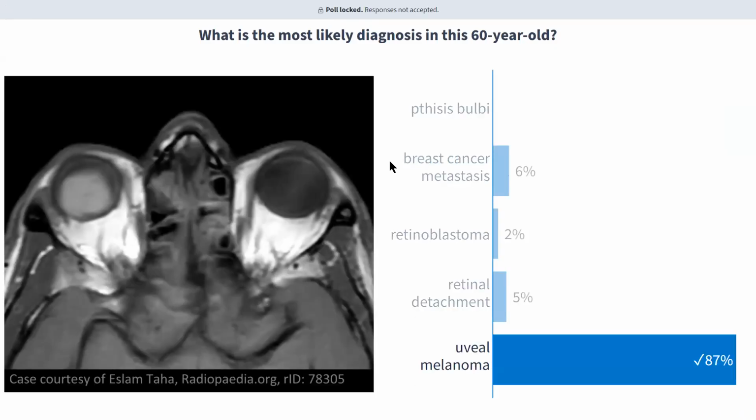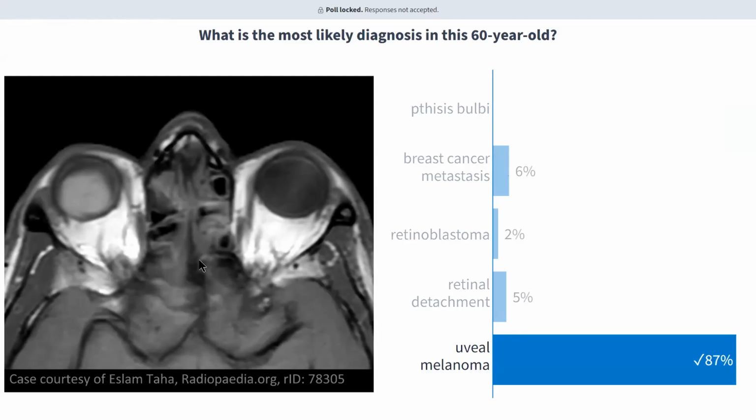Okay, the vast majority of you got the answer correct, which was uveal melanoma. So the key to getting this answer is recognizing that this is a T1 pre-contrast image. We see no contrast enhancement of the sinonasal mucosa here, or of the dural venous structures of the brain that are included.